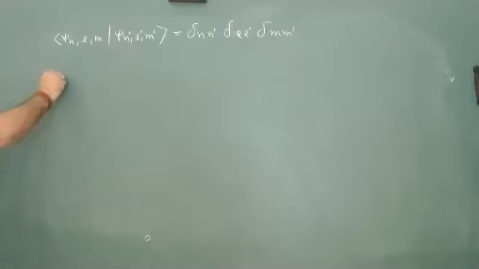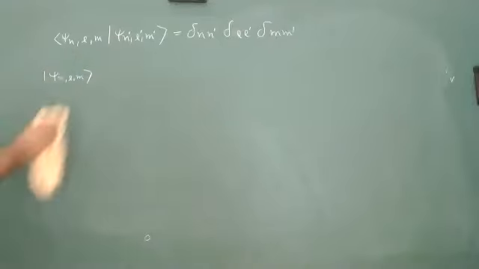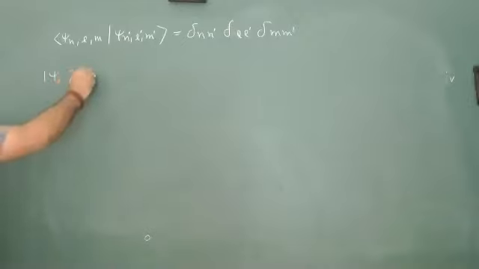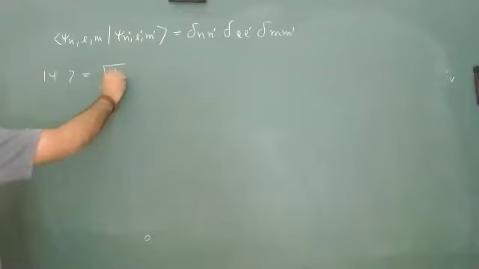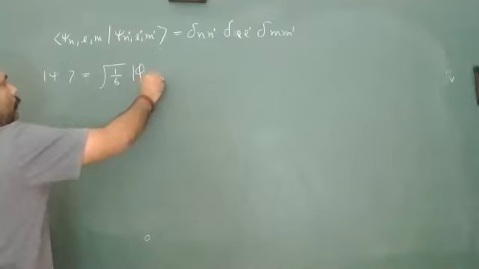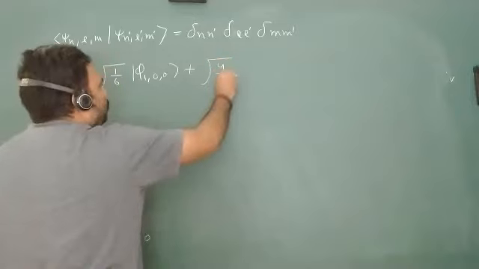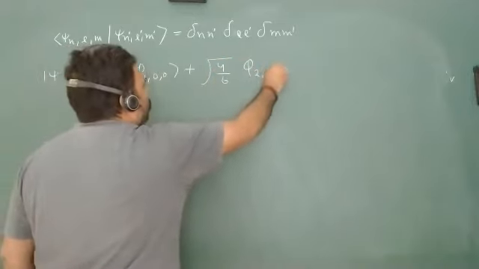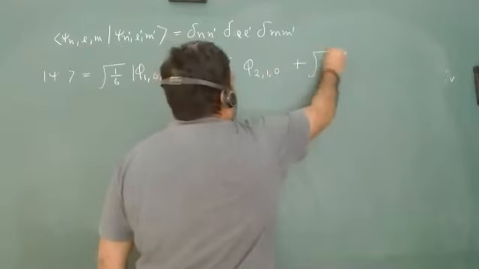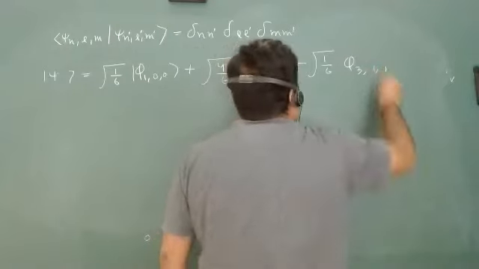The state of hydrogen atom is given as, the psi is given in the form of hydrogen atom states as root 1 by 6 phi 1 0 0 plus root 4 by 6 phi 2 1 0 plus root 1 by 6 phi 3 1 1.